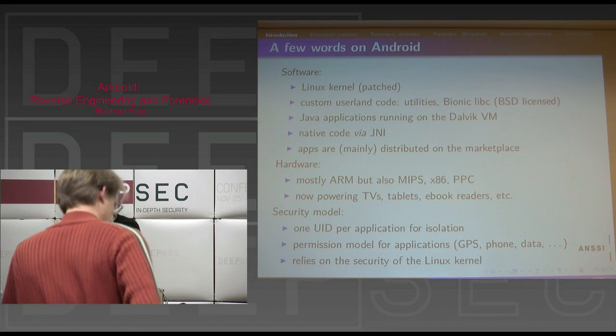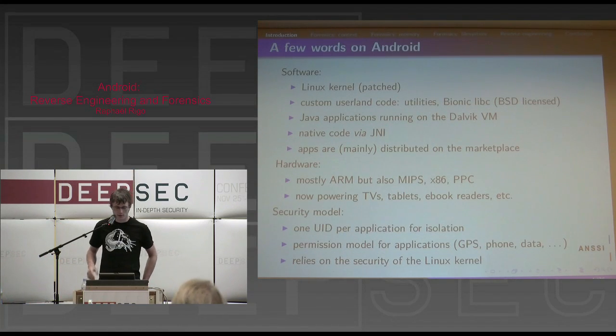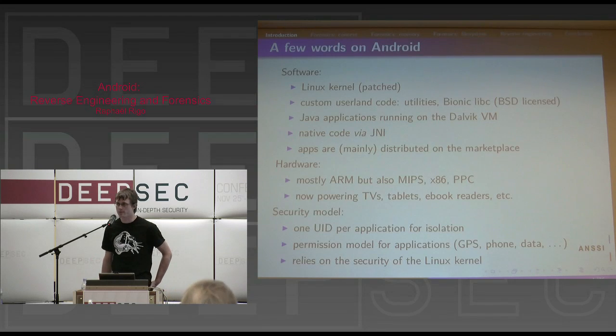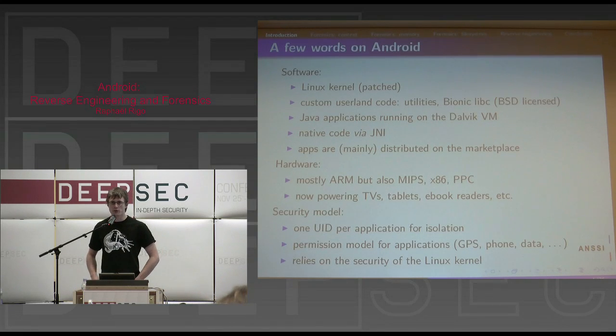I'm not going to give you the talk about how cell phones are everywhere. I'll just say a few words on what Android is because it's pretty specific. It's not something that was there before. It's an operating system based on the Linux kernel, with a few patches mainly for device support.